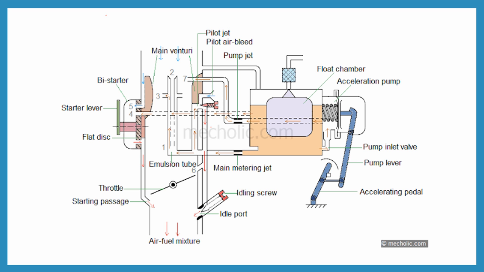With the help of this accelerator pedal, the pump lever is connected, and the pump lever is connected with the accelerator pump, and here a float chamber is connected. With the help of this, fuel enters here with a downward system. So these are the basic pictures of a Solex carburetor.